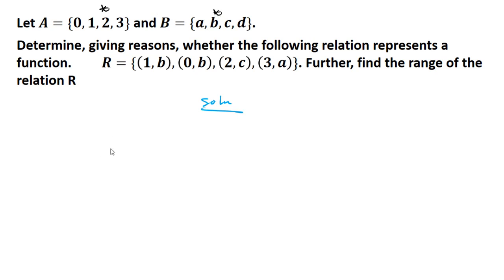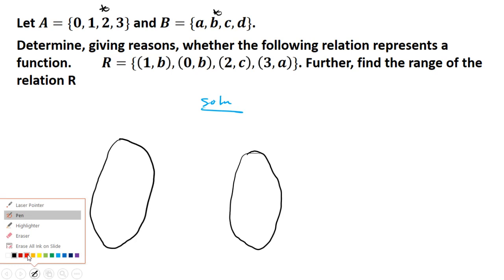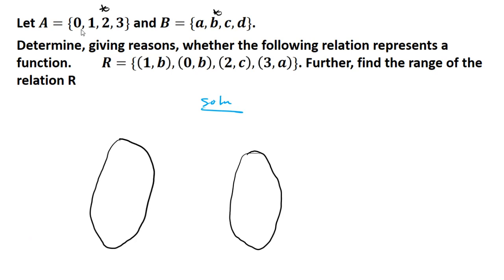For set A, which appears to be the domain or the input, since it's a relation, you put it like that, and the range, which is the output, will be on the other side. After you do that, you can plug in the values.